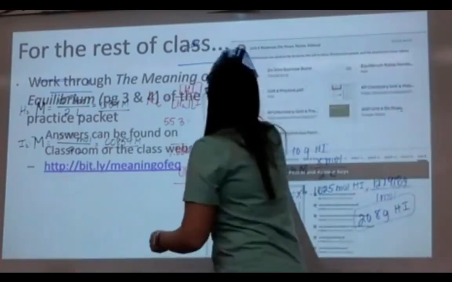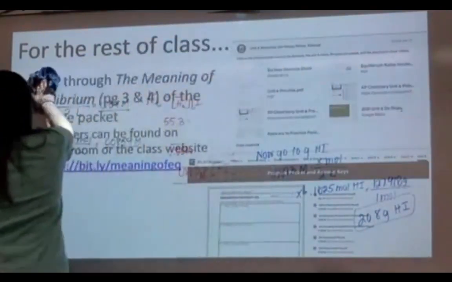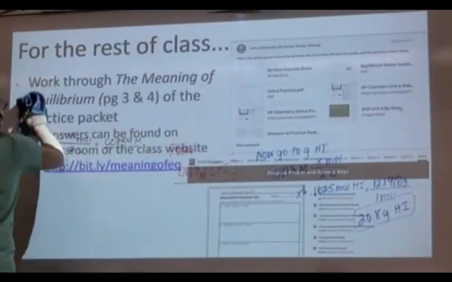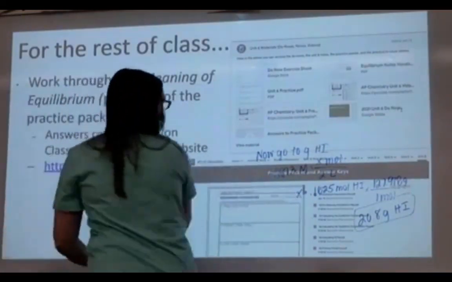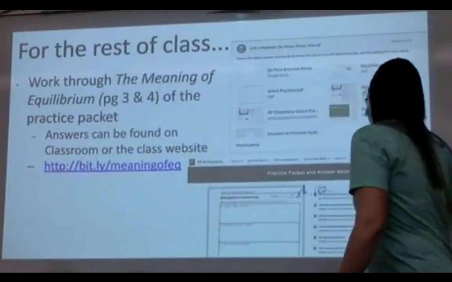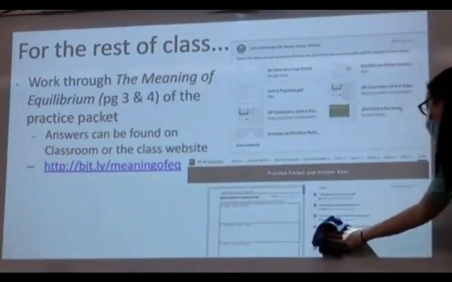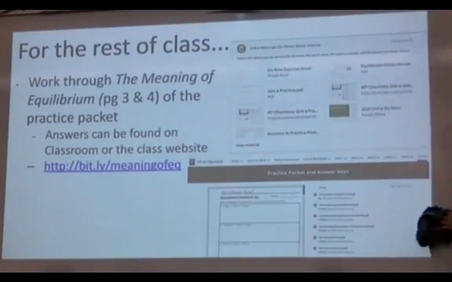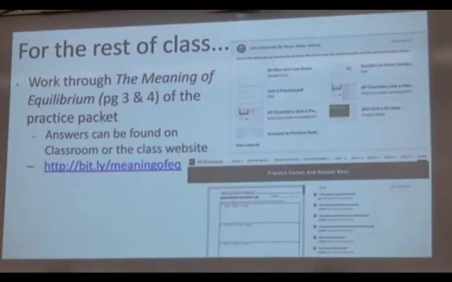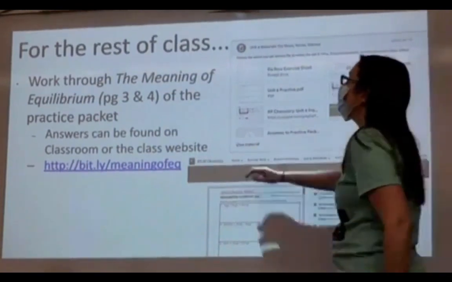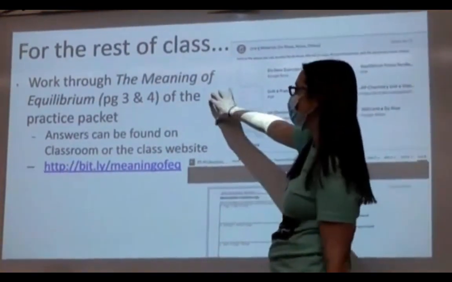But the one thing that I would recommend, because there's no video for tomorrow, it's just reviewing for the quiz: in the practice packet, pages 3 and 4 are a worksheet called The Meaning of Equilibrium. It does a lot of review on writing the K expression, calculating K. What does K mean? A lot of things that we talked about in the examples. I would suggest working through this.